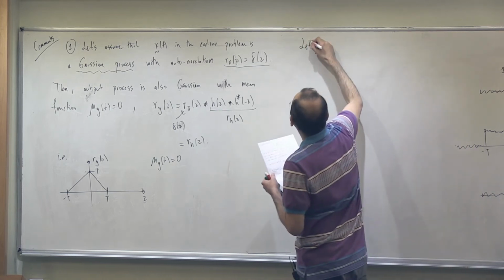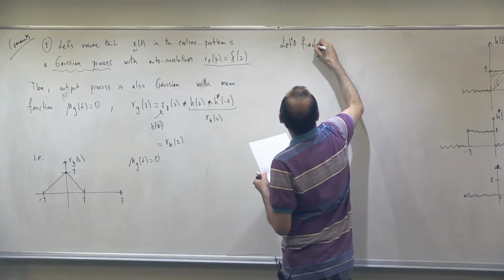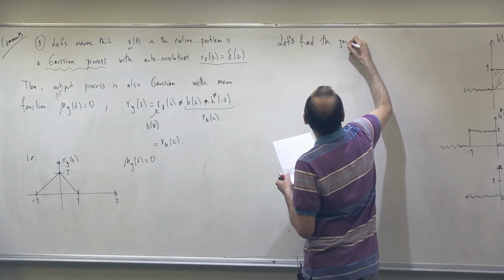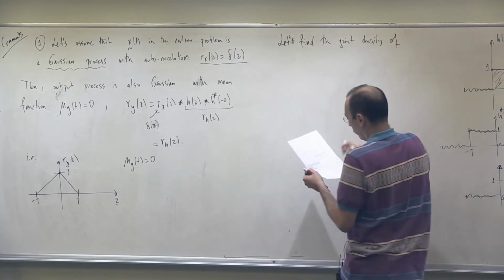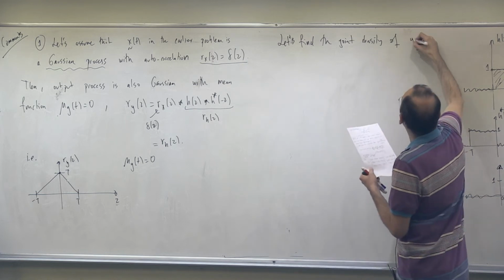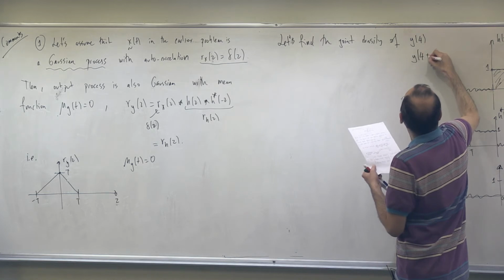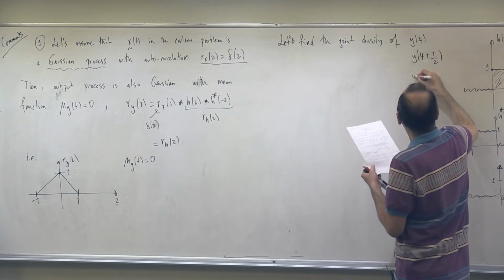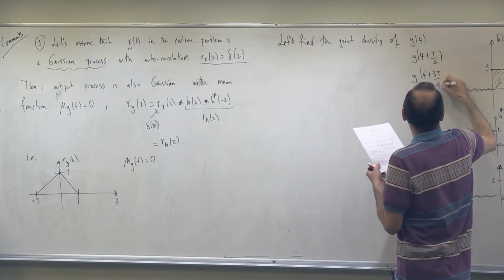So let's find the joint density of y at 4 plus t over 2, y at 4 plus 3t over 4.